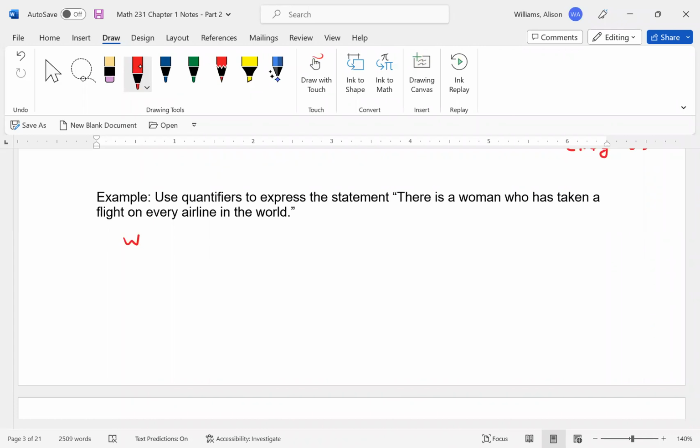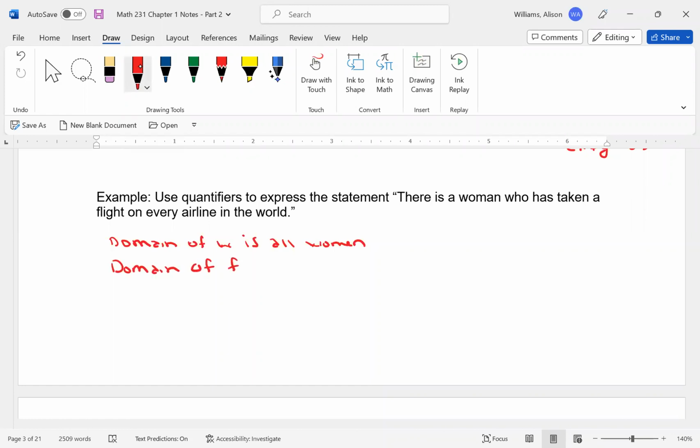There is a way to say that, but I'm going to try to say it kind of how the book would say. So the domain W is all women, then you have the idea that they take a flight. So let's say F, or I should say the domain of F, I'll just list them.